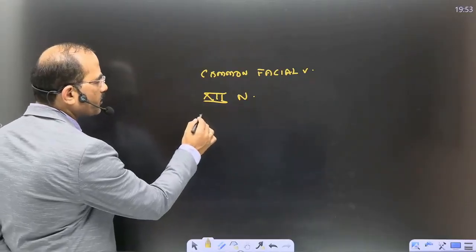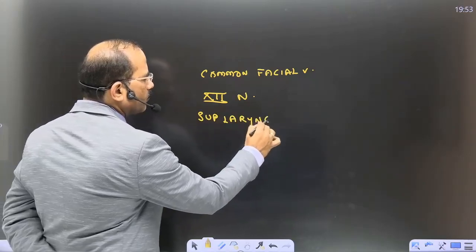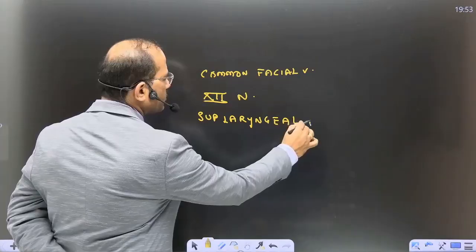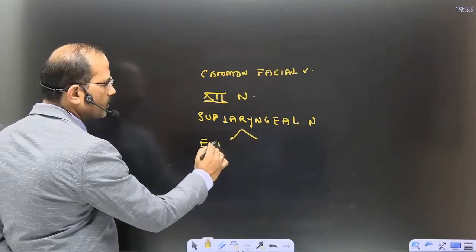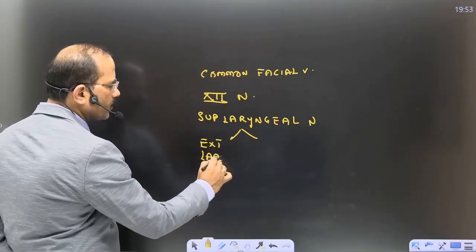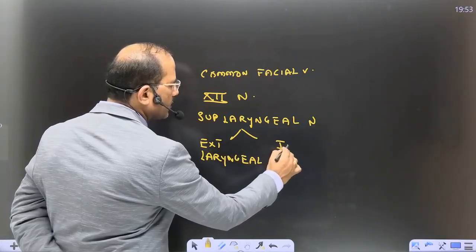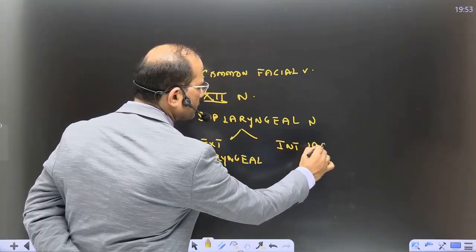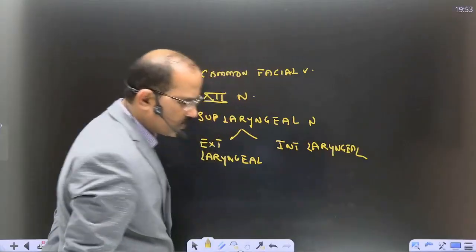We see the superior laryngeal nerve, which is given by the vagus, which divides into an external laryngeal nerve and internal laryngeal nerve, right?